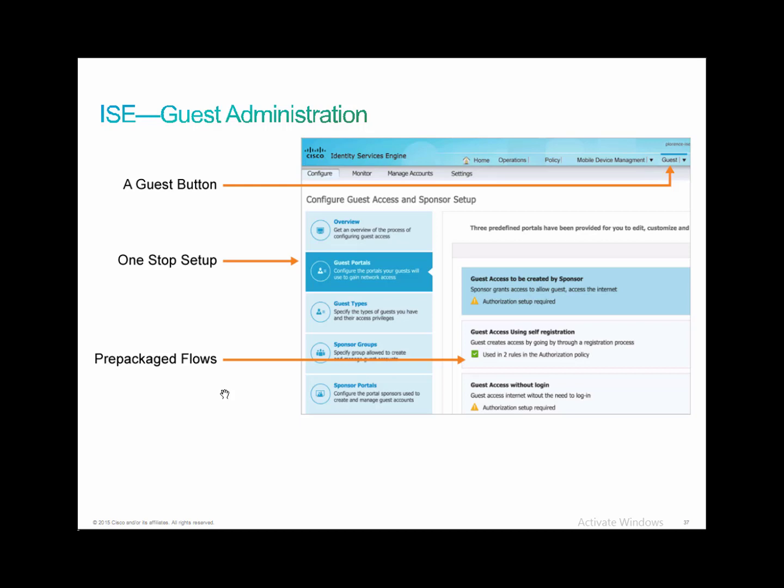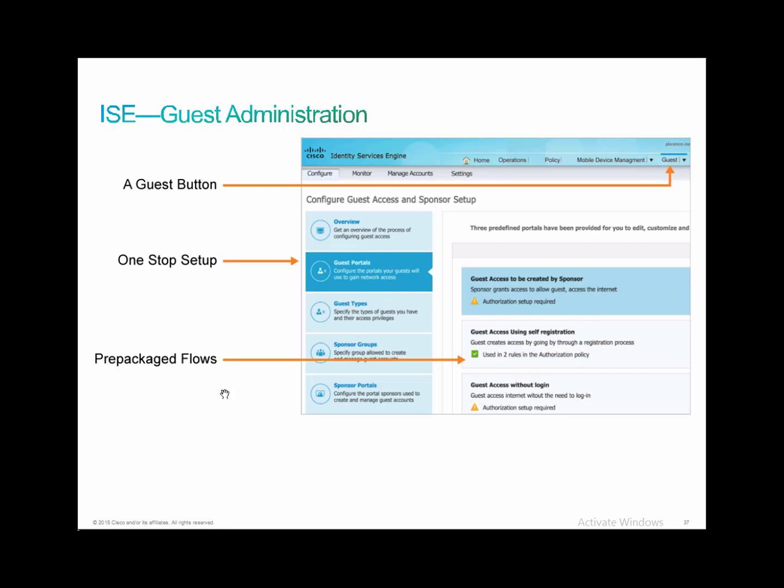There's a BYOD portal, bring your own device, that enables employees to register their personal devices using a native supplicant. There's a client provisioning portal that forces employees to download a posture agent, which would typically be Cisco AnyConnect.